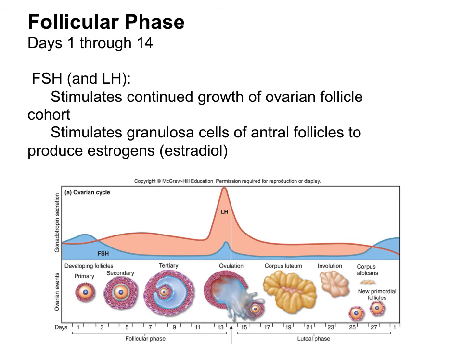Your gonadotropic cells, in response, release follicle-stimulating hormone and, to a lesser extent, luteinizing hormone. The follicle-stimulating hormone stimulates continued growth of the ovarian follicle cohort and stimulates granulosa cells of the antral follicles to produce estrogens, the main female estrogen being estradiol.